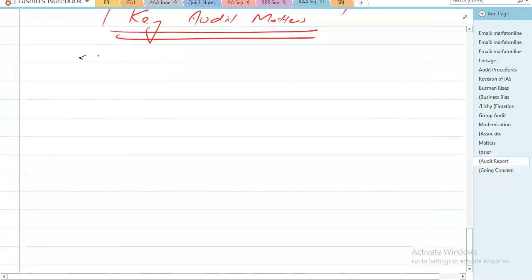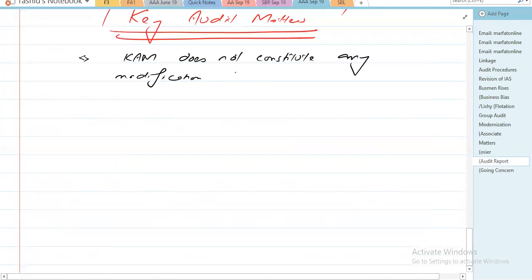First of all, the first thing you need to understand is that CAM does not constitute any modification to the report and opinion.